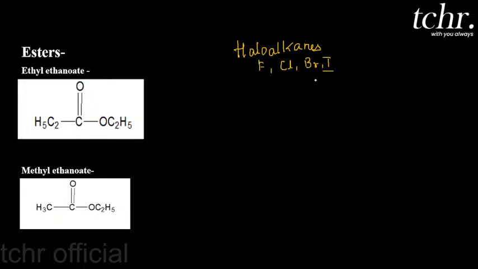You are familiar with the group 17 elements, right? Now for example, methane. How do you write the structure of methane? It is CH4. Now I will remove one hydrogen, and in its place I will add a halogen. So now it gives you a haloalkane.